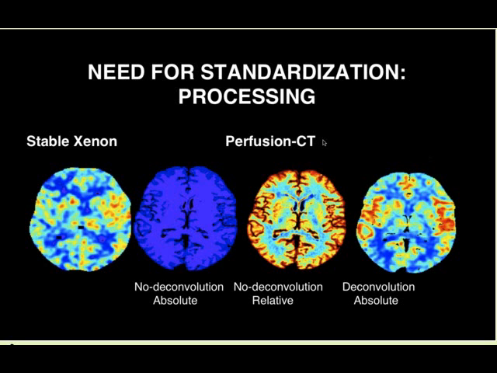There are, of course, efforts together with the different imaging manufacturers to try to overcome that limitation, because after all, it would be much simpler to have the same map produced by every single software. But in the meantime, until this goal is reached, as long as you know what type of software you are using, you'll know the advantages and the limitations of that particular software, and you can make very good use of those perfusion CT maps.